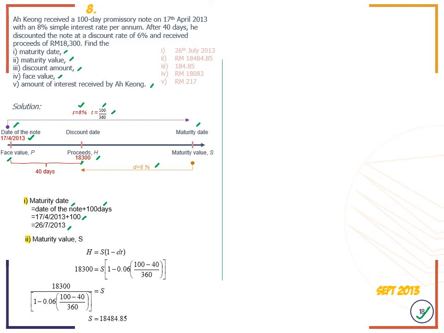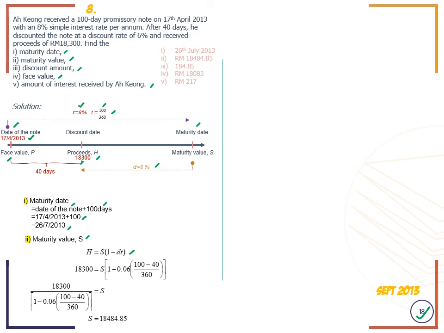Second Roman, maturity value. Maturity value is denoted as S. To find the maturity value, apply the formula of proceeds, where proceeds is equal to S(1 minus dt).